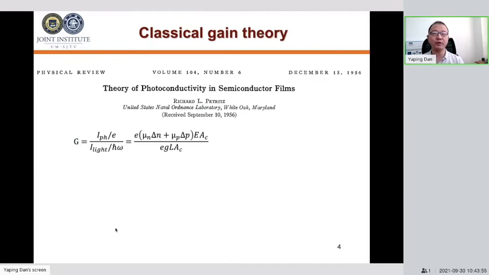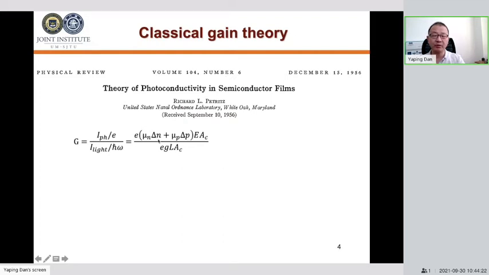The classical theory was derived in 1956. Following this definition, we can write the number of photo-excess carriers as the photocurrent divided by the unit of charge, and then divided by the light intensity divided by h bar times omega.